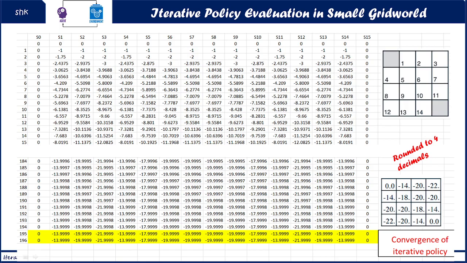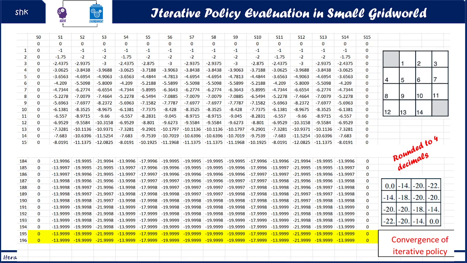So this is rounded as minus 14, minus 20, minus 22, minus 14, minus 18, minus 20, minus 20, minus 20, minus 20, minus 18, minus 14, minus 22, minus 20, minus 14, and 0.